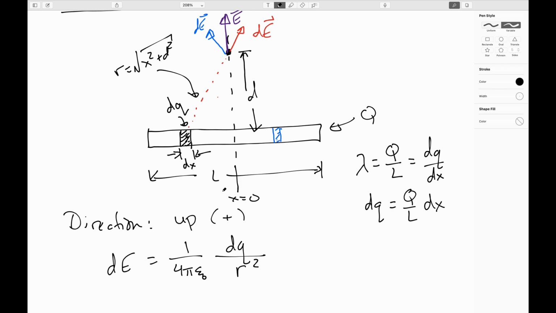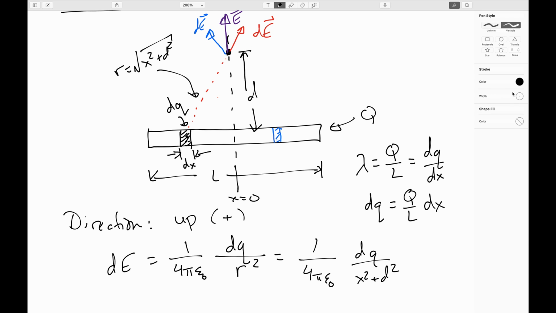So if we put the origin at the middle of the rod, we take the x coordinate squared, add d squared, take the square root. That's the distance there. So squaring a square root just means we drop the square root. So we get 1 over 4 pi epsilon naught dq over x squared plus d squared. Awesome. Now, keep in mind, this is still a vector quantity, so we found the magnitude that points here.